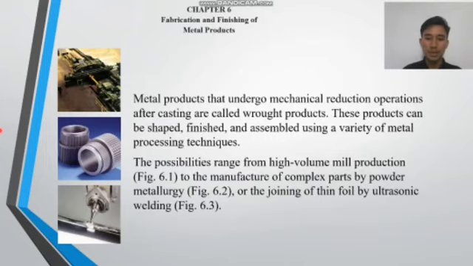The possibilities range from high volume metal production, figure 6.1, to the manufacture of complex parts by powder metallurgy, figure 6.2, or the joining of thin foil by ultrasonic welding, figure 6.3.